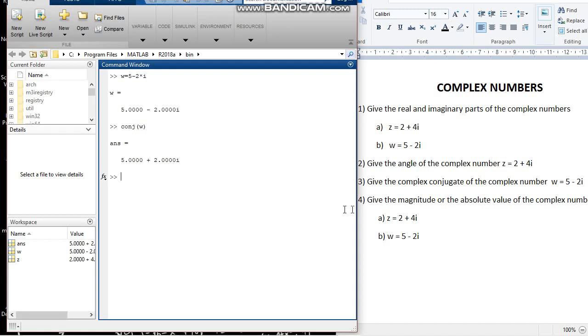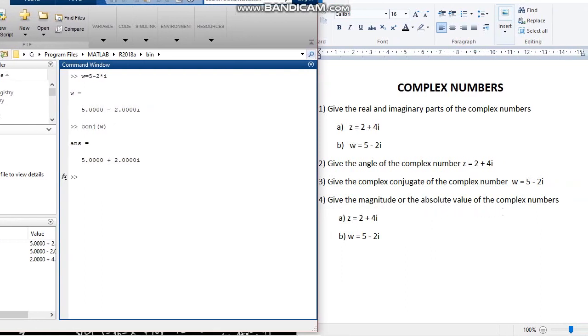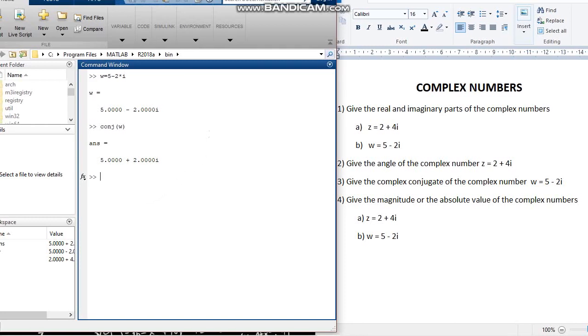Then for the next exercise, we have been asked to find the magnitude or the absolute value of the complex numbers z and w. To find the magnitude or absolute value of a complex number in MATLAB, we simply use the abs command.